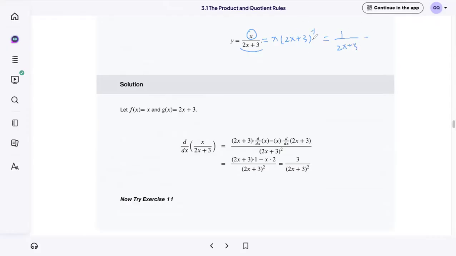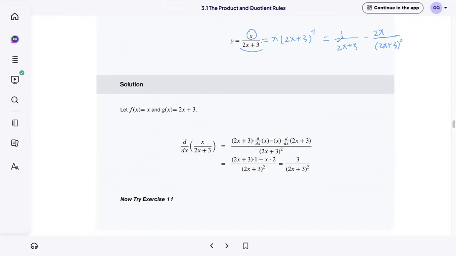Then I take the derivative of the second one, multiply by the first one. First, let's write down x. When I take the derivative of this one, I get -1, then this raised by -2, because -1, -1, -2. So I put down in the denominator squared. Then I have to take the derivative inside, which is 2. So I get this.